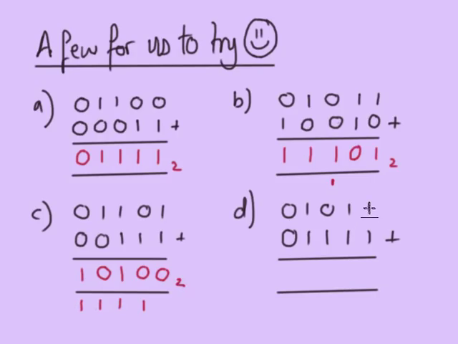And lastly, D: 1 plus 1 is 0, carry 1. 1 plus 1 plus 1 is 1, carry 1, correct. 0 plus 1 plus 1 is 0, carry 1. And 1 plus 1 plus 1 is 1, carry 1. And, obviously I've got to add the carry in. 0 plus 0 plus 1 is 1 as well. That gets us up to where we need to get to.